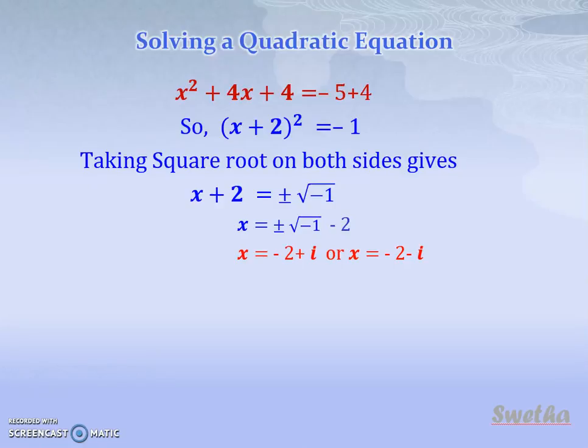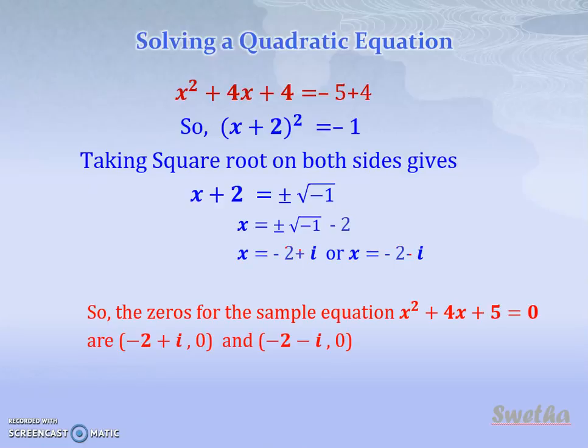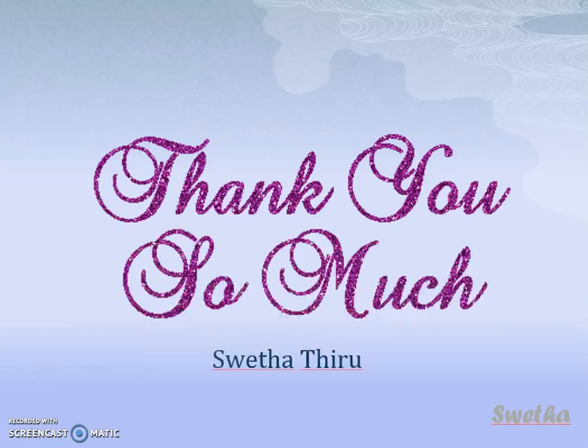As I said before, i represents the root of negative 1, and we were taking the root of negative 1 here, so we would get i. So the zeros of the sample equation would be negative 2 plus i, 0, and negative 2 minus i, 0.